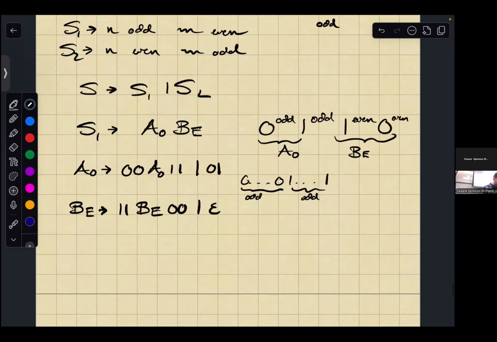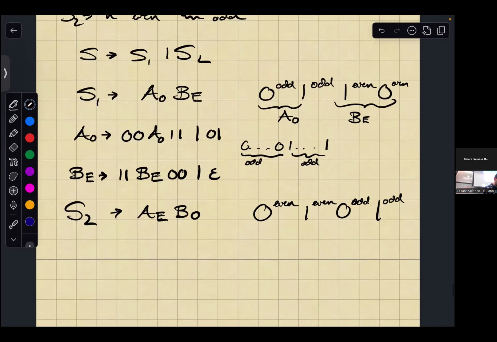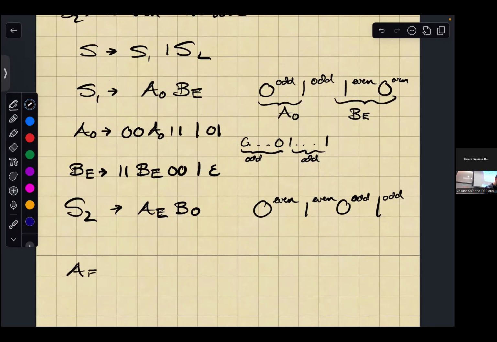Then for S2, I need to generate something like 0 even, 1 even, and then 0 odd, 1 odd. Okay, so the logic is going to be very, very similar. I'm going to call the first thing A even, and the second thing B odd. A even is going to be generating zeros and ones, but now in pairs.